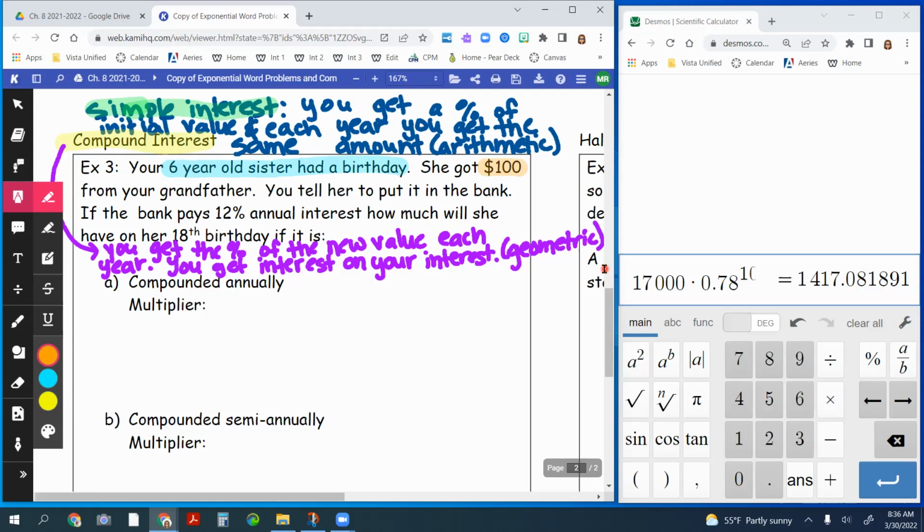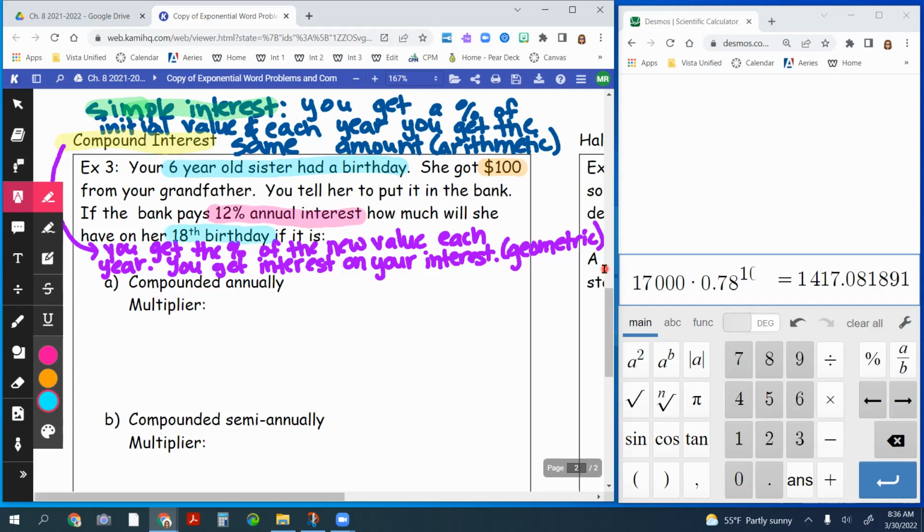You tell her to put it in the bank. If the bank pays 12% annual interest, how much will she get by her 18th birthday?